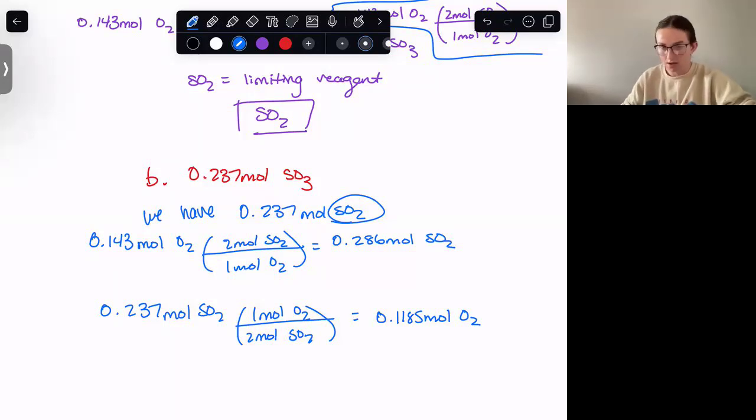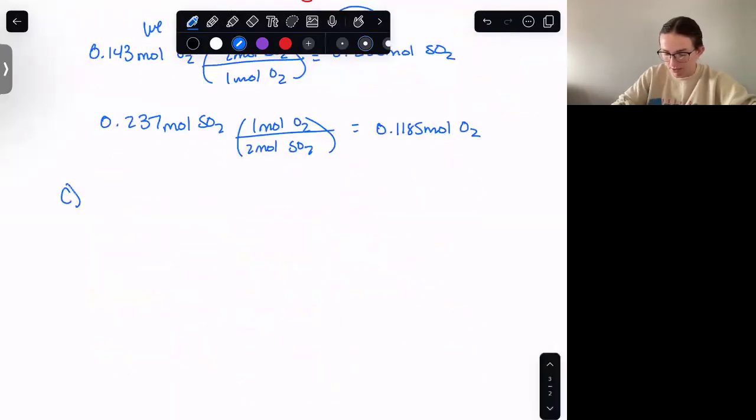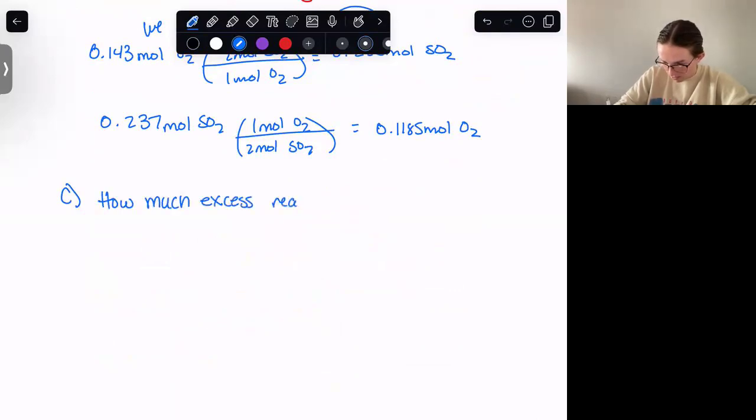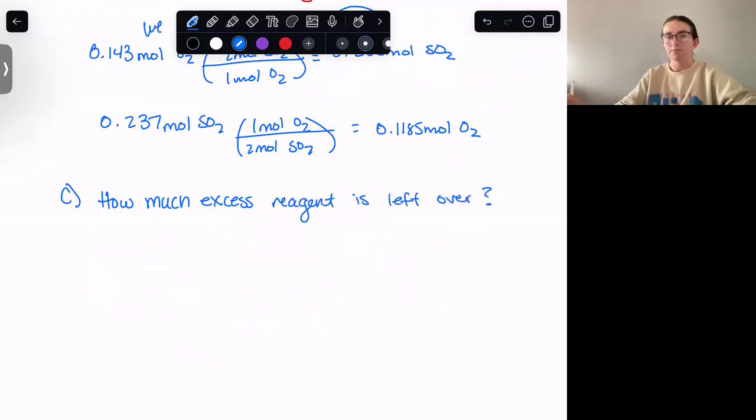Alrighty, so then we also can look at the excess questions. So we're saying how much excess reagent is left over, right? If we ask part C. Right, so if we ask this question, we know that our limiting reagent gets used up.